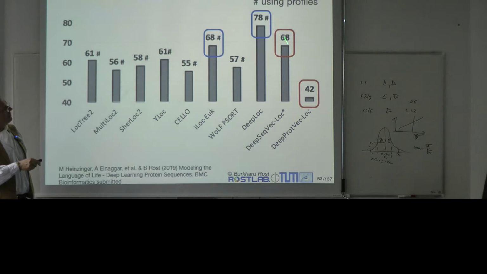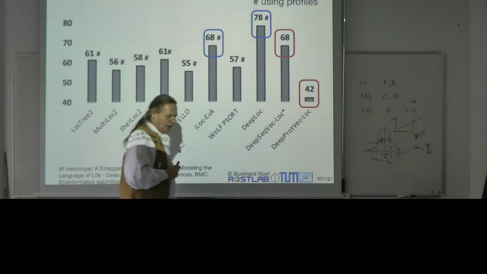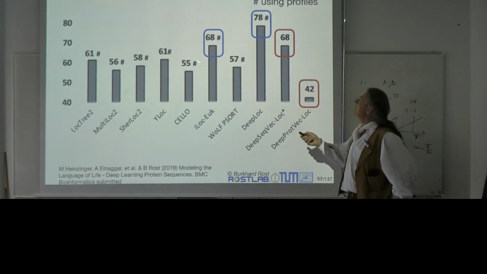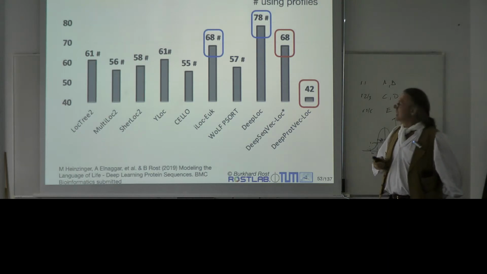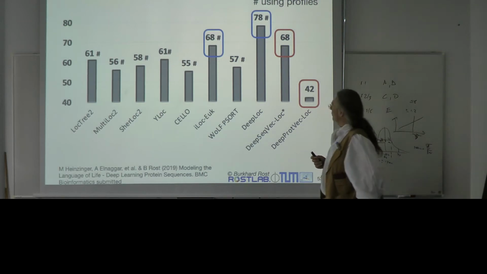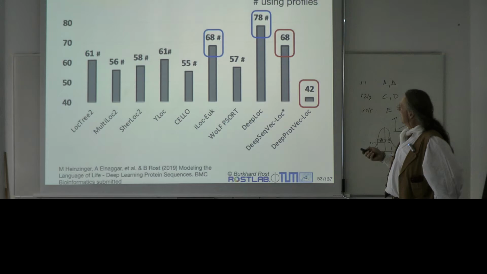And you see that the performance is less than the top of the line, but the performance actually is almost as good or numerically similar to whatever is the second best using evolutionary information, while this device absolutely doesn't use evolutionary information at all. So the challenge is now to put evolutionary information into this thing in a clever way, such as the motifs that I was talking about.